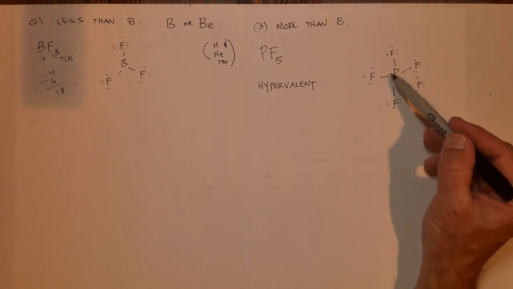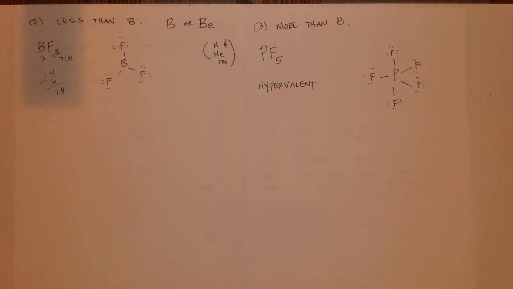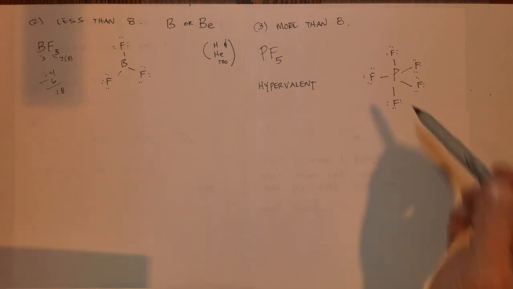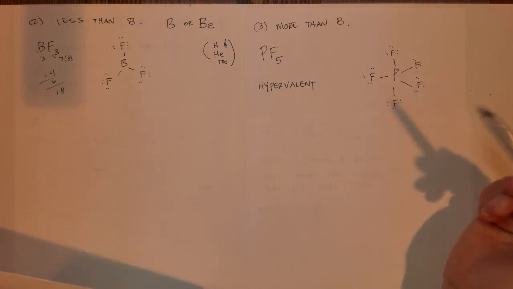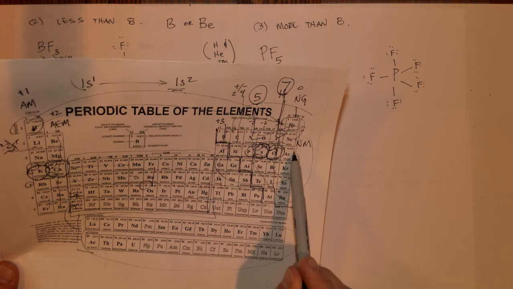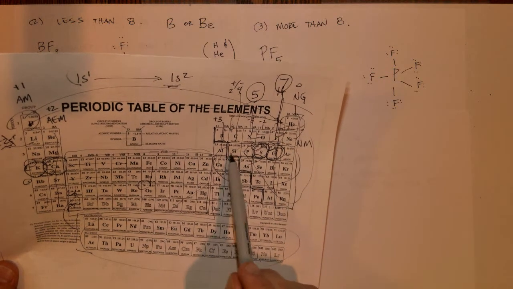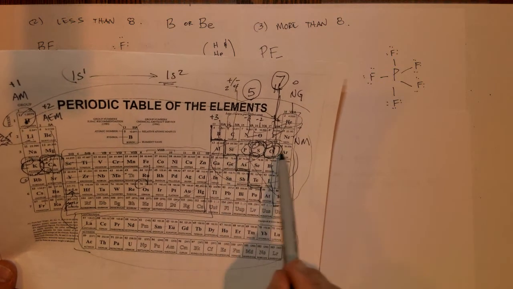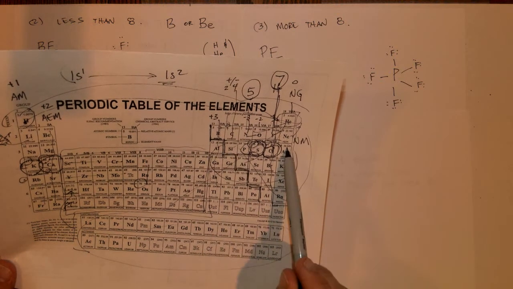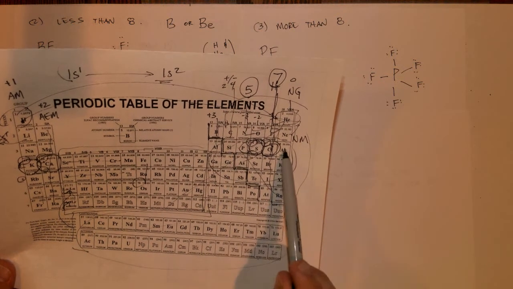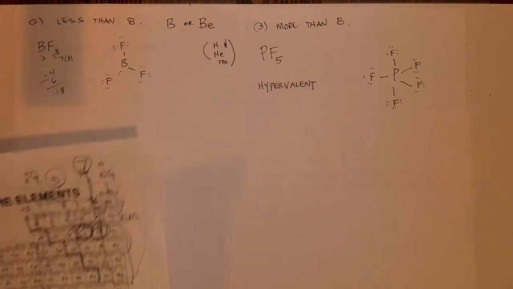Phosphorus ends up with 2, 4, 6, 8, 10 electrons around it. Well, that's not legal because you're really only supposed to have 8. But it turns out that if you are in the 3rd period or below and you're a nonmetal, you can break that rule sometimes. 3rd period or below. Why is that?